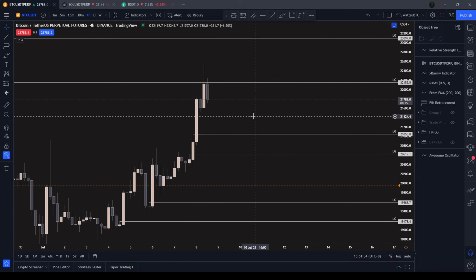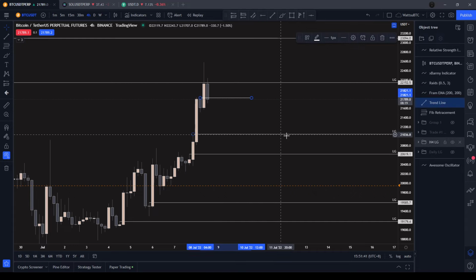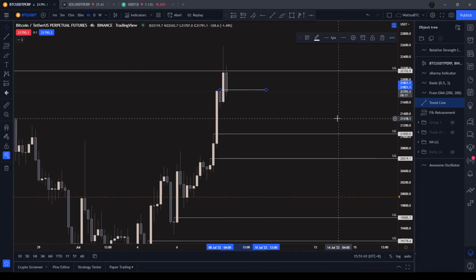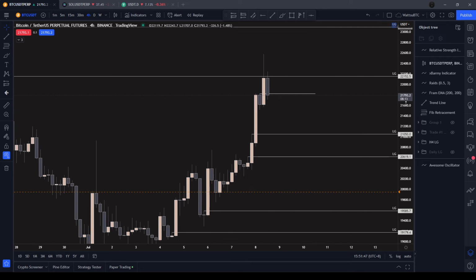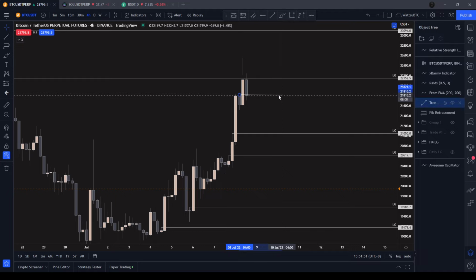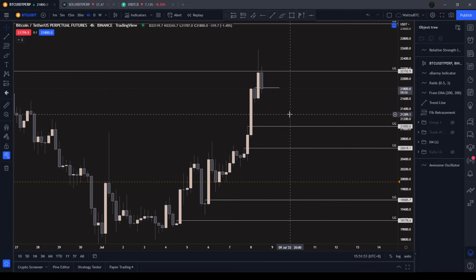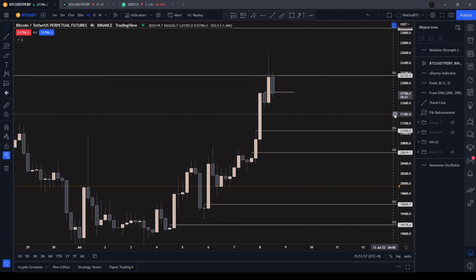If we close below this, 8 minutes, the candle will be decided. So let me pause this video real quick and come back when we close this 4-hour candle right here.